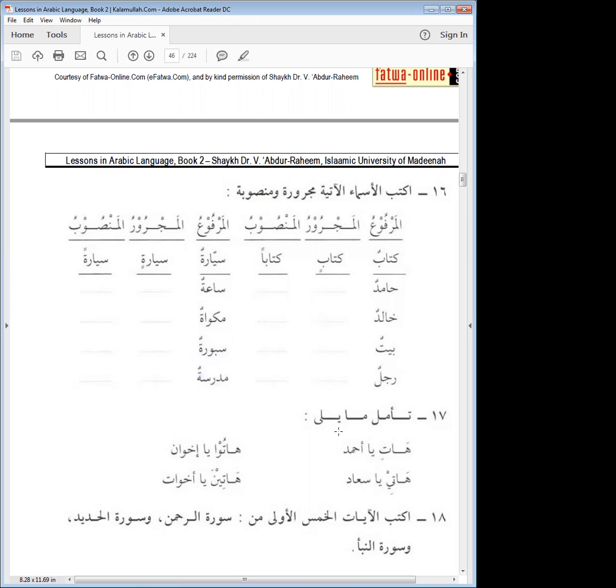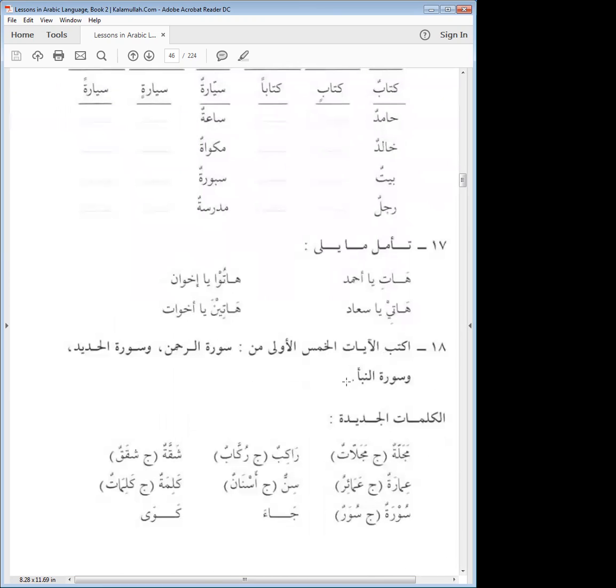Now, next lesson. Ta'ammal ma yali, observe what follows. Hati ya Ahmadu. Hatu ya Ikhwanu. Hati ya Su'adu. Hatina ya Akhawatu. So this word hat is a command, right?